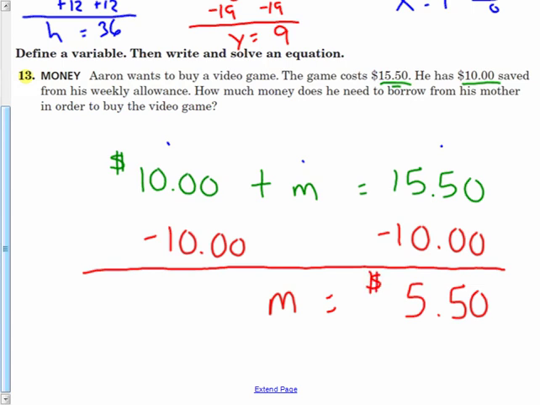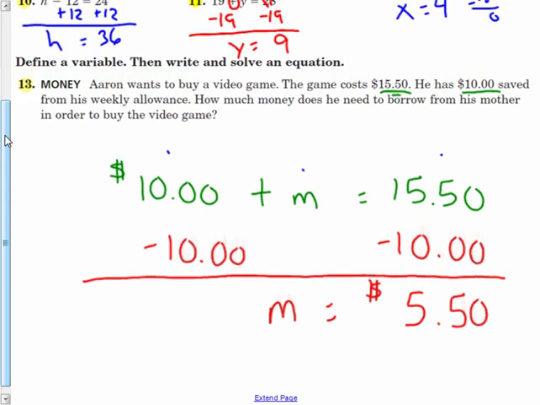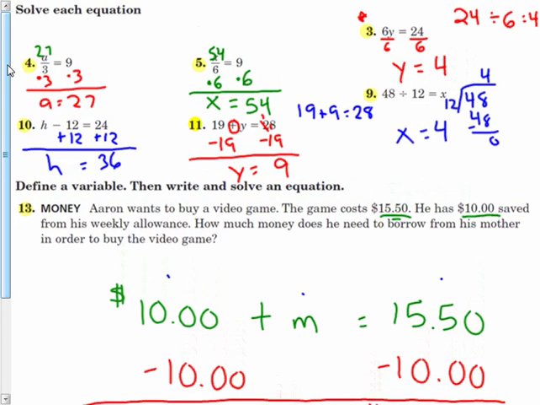So the amount of money that Aaron needs to save yet is $5.50. That's an example of writing your own algebra equation to describe the situation and then using your equation to find the answer. All stuff that you'll do and get lots of practice with throughout the year as we continue to look at algebra and writing and solving algebra equations.